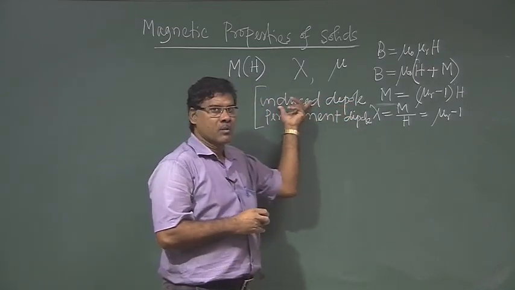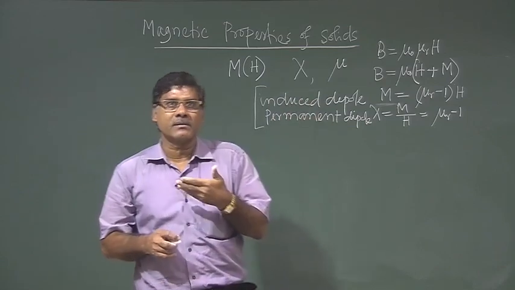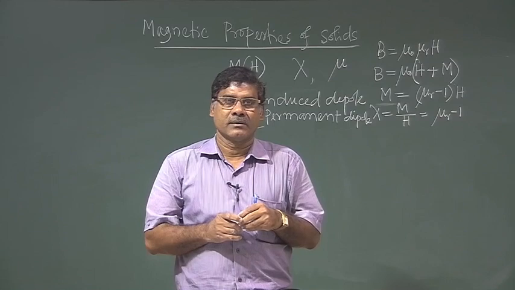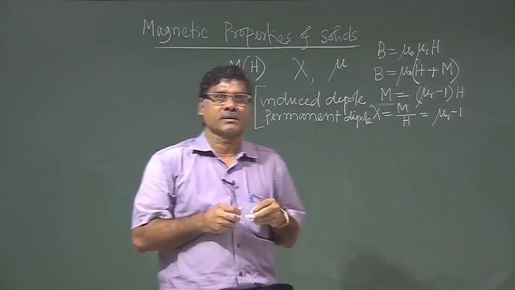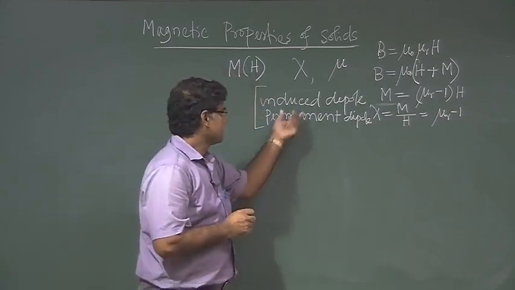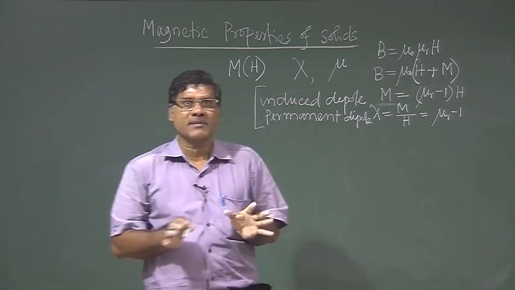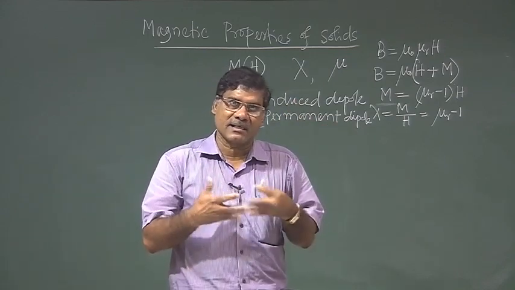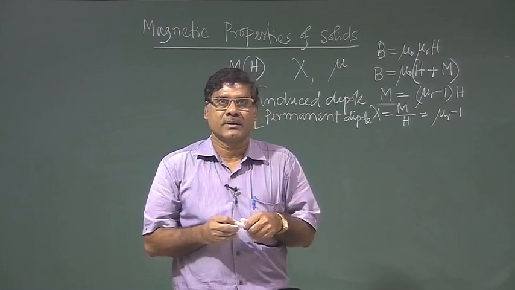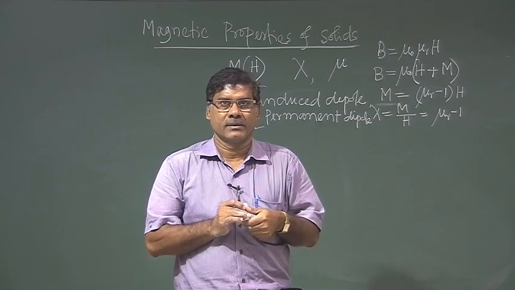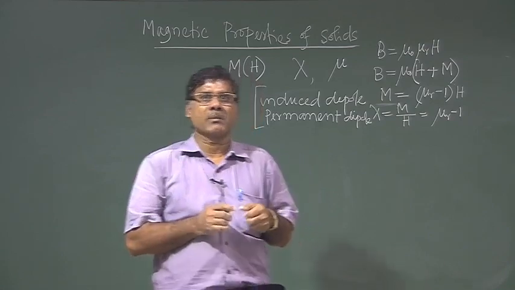The induced dipole moment occurs when you apply a magnetic field. But the permanent dipole moment has nothing to do with the magnetic field; the material itself has some dipole moment existing in it. Then we call this a permanent dipole moment.